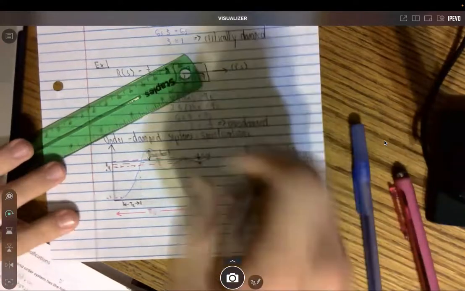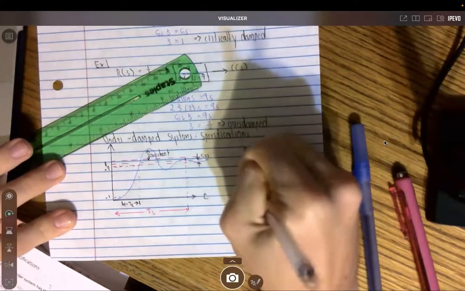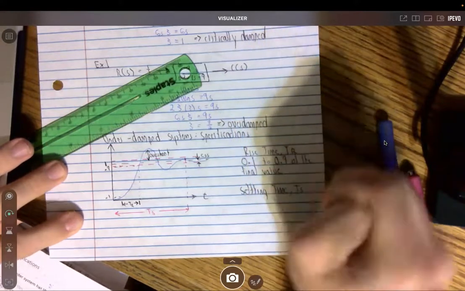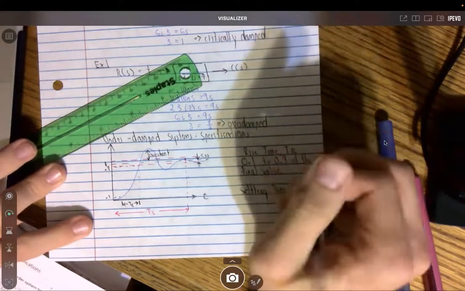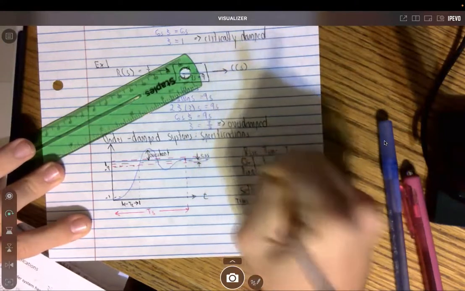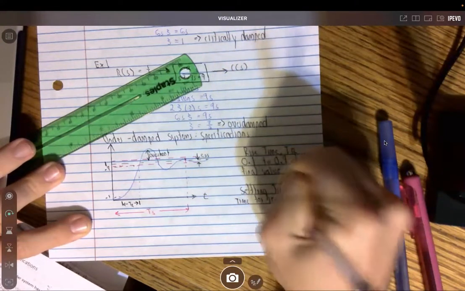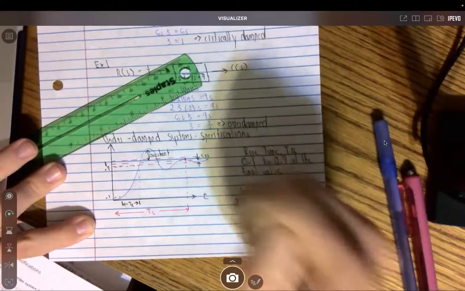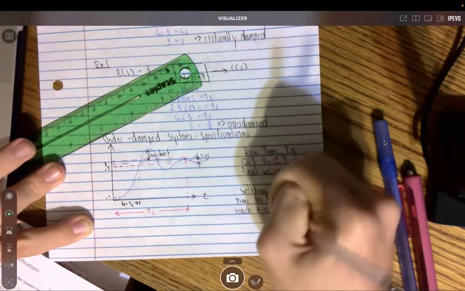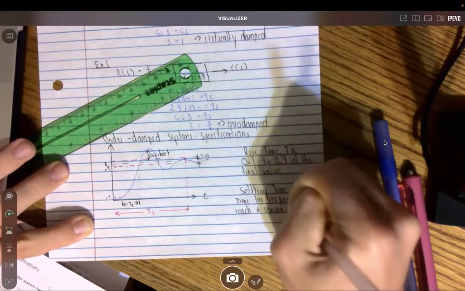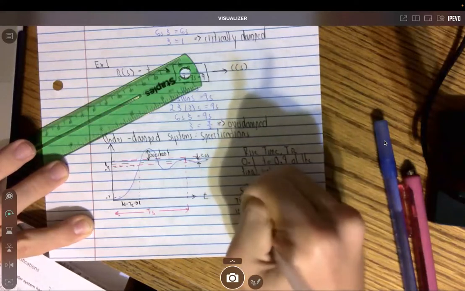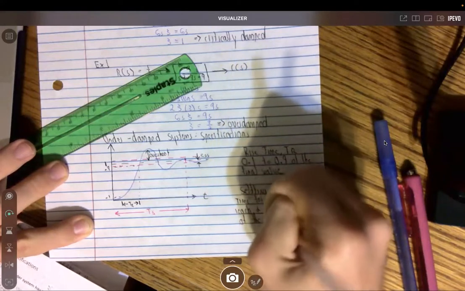And so I'll define that here, settling time, which is T of S. That's known as time for response to reach and remain within 2% of the final value, which is 1 in this example.